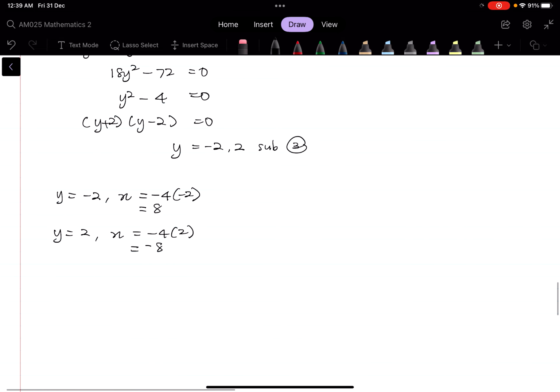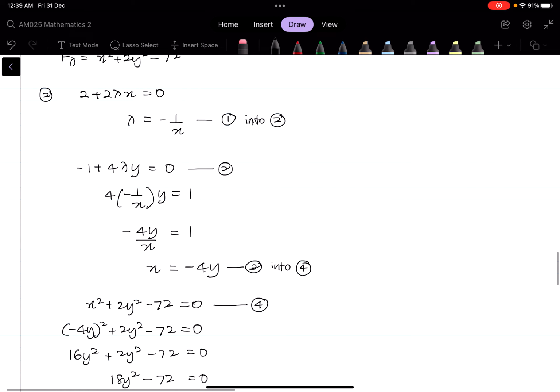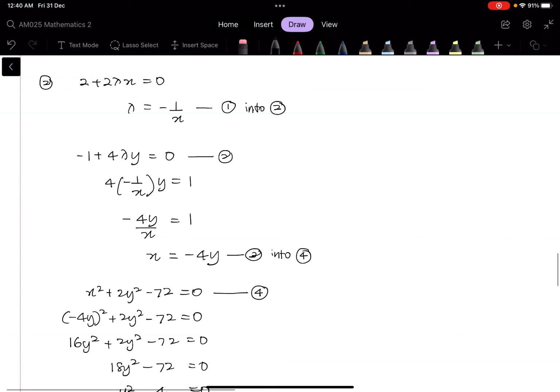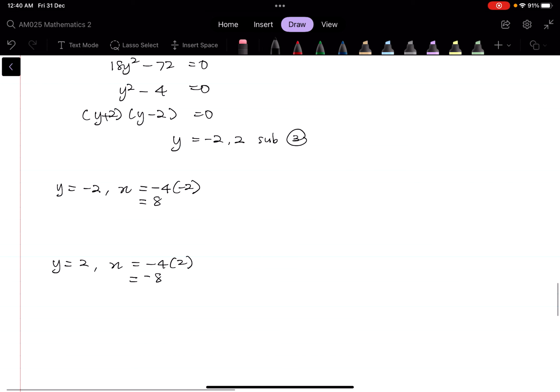Now what we need to do next is find the value for lambda. So let us substitute x equals 8 into the first equation to find lambda for the first point. Lambda equals negative 1 over x.